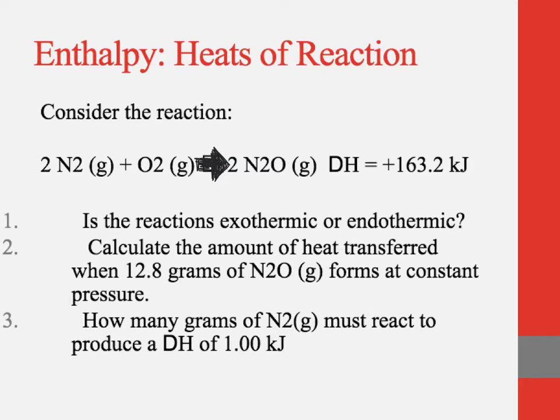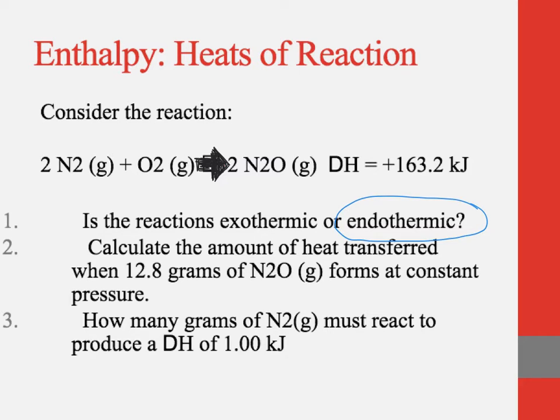And in the process, 163.2 kilojoules of energy is absorbed. How do I know that it's absorbed? Because I have a positive delta H, which tells me that my reaction is endothermic. They now want us to calculate the amount of heat transferred when 12.8 grams of dinitrogen monoxide forms at a constant pressure.